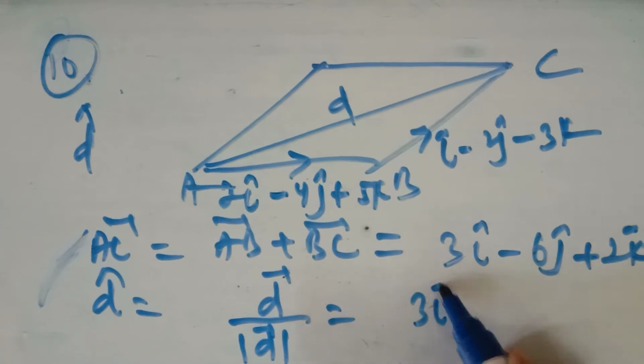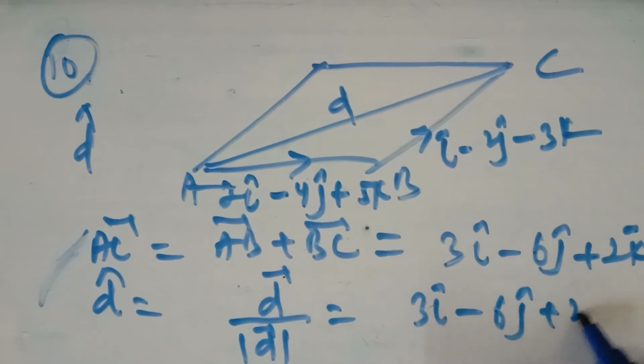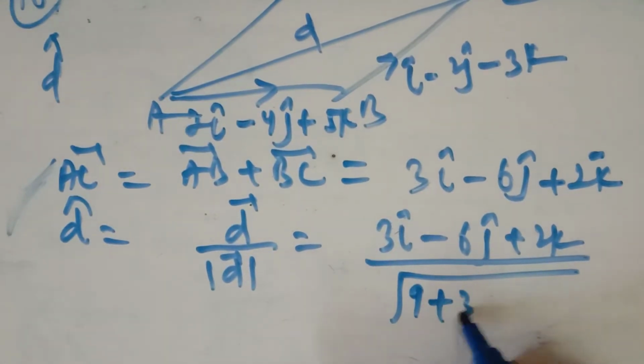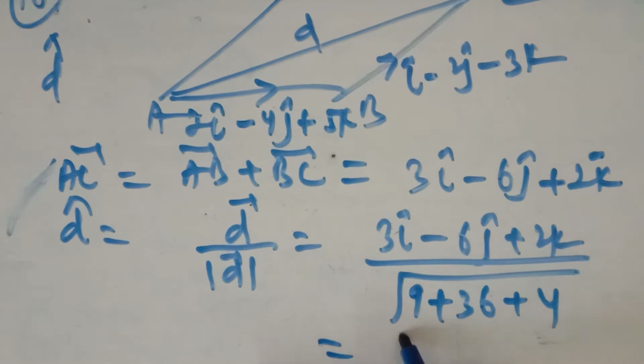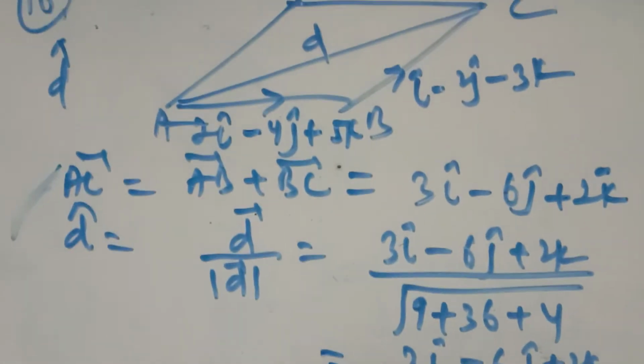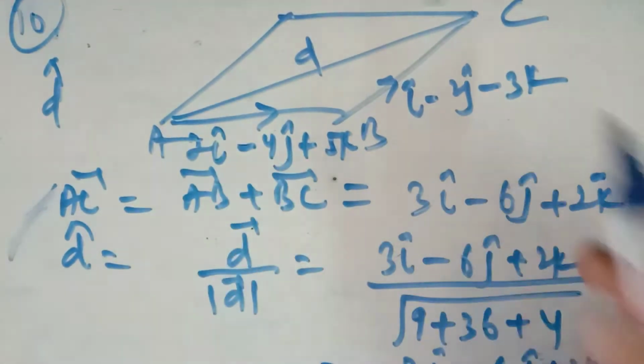So 3i minus 6j plus 2k divided by the modulus, which is equal to under root x square plus y square plus z square, so 3i minus 6j plus 2k divided by 7.